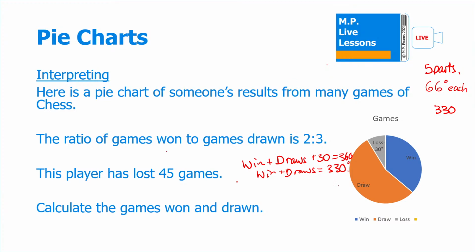So the number of wins is represented by 132 degrees, whereas the number of draws is represented by 198 degrees. And we also saw that the person has lost 45 games. This is represented with 30 degrees.